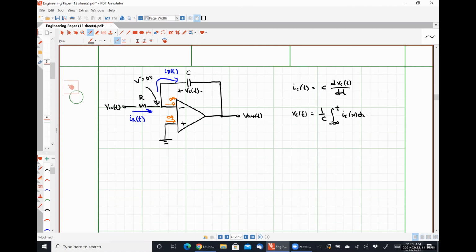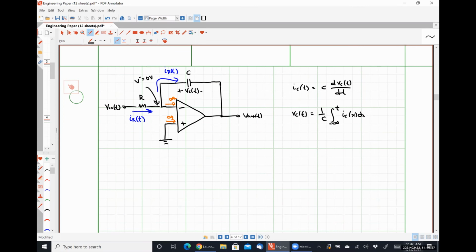So if I integrate from t equal to negative infinity, where the capacitor was not charged, I'm good to go here. Mathematically, all that's doing is making the math a little bit simpler and keeping us from having to put a resistor in the feedback loop in parallel with that capacitor C, which makes the relationship harder to observe. That's an analog electronics thing when we start making the math harder.